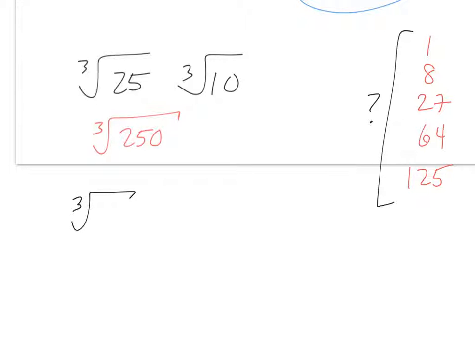So we break it up like this: the perfect cube first, like earlier, and then the non-perfect cube after, remembering to put the little 3 for the index on both radicals. And the cube root of 125 is indeed 5. So this can be reduced to 5 times the cube root of 2.